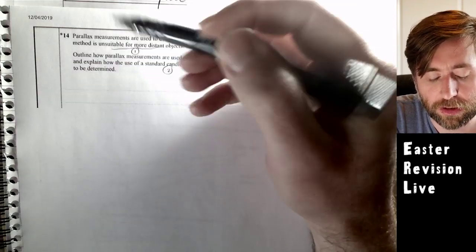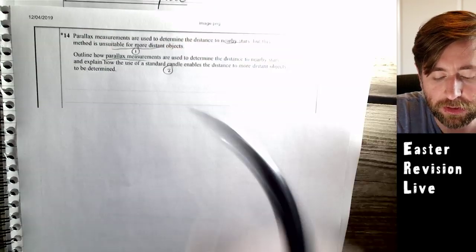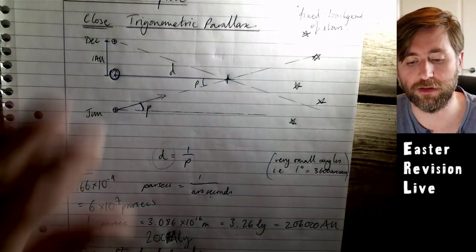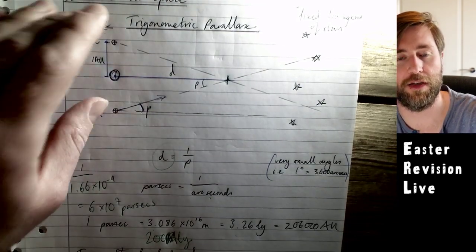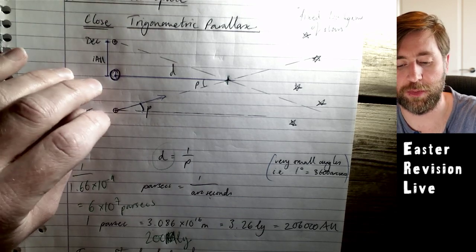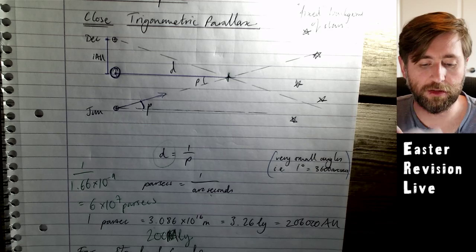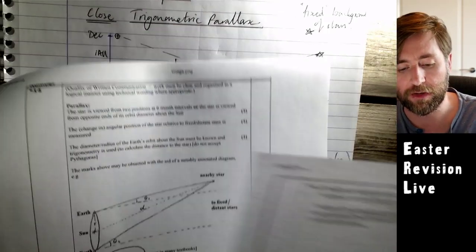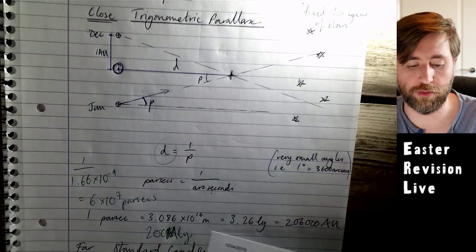So the first paragraph, if you like, is for talking about how parallax works. And that is essentially just go through this. You can draw this diagram for it, and you can explain that the angle is measured 6 months apart against a fixed background of stars, and then you're going to get the marks for that. And then the second paragraph is for talking about how a standard candle works, which we've gone through already.